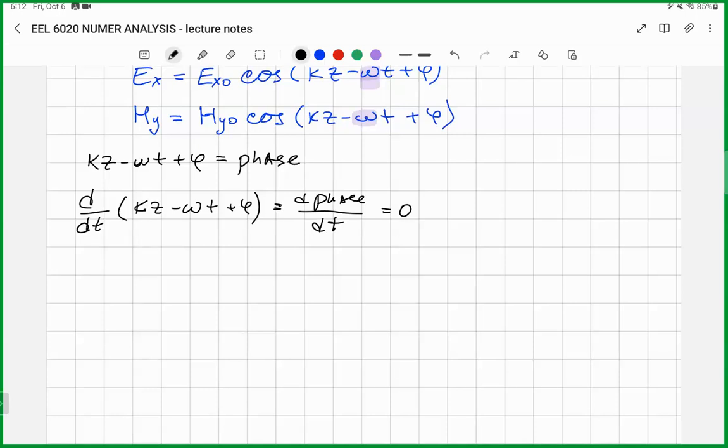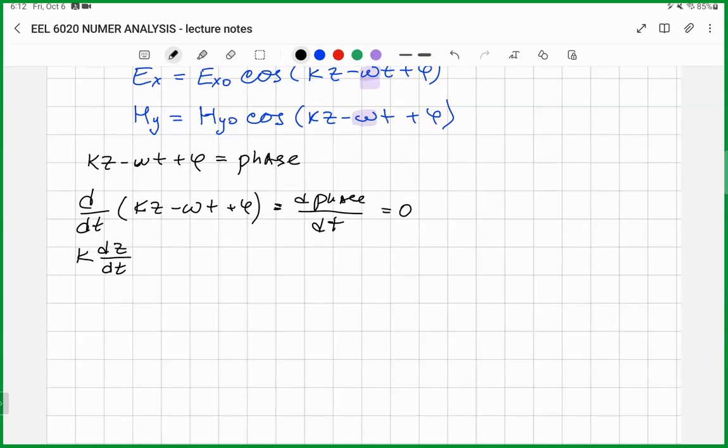So the k, the wave vector, doesn't depend on time. The z does, because the wave propagates in space. So it's basically the time derivative of z. Z defines the coordinate of the wave front. The wave has a front.